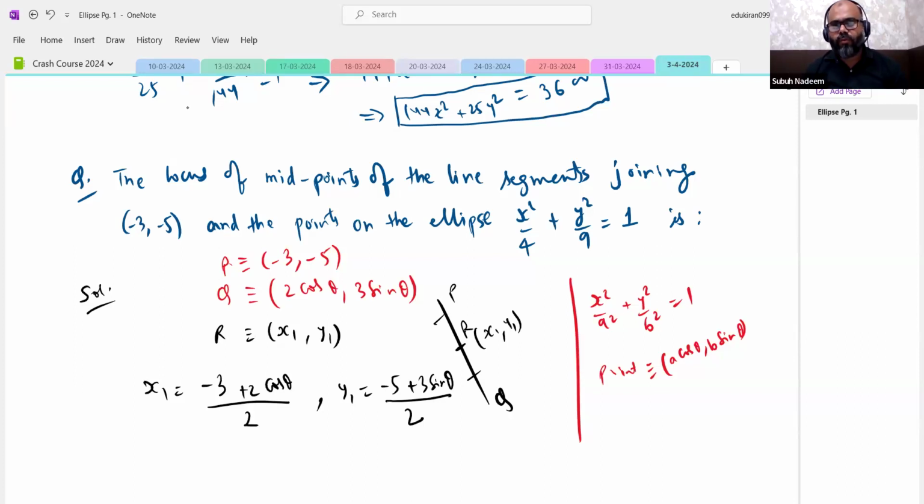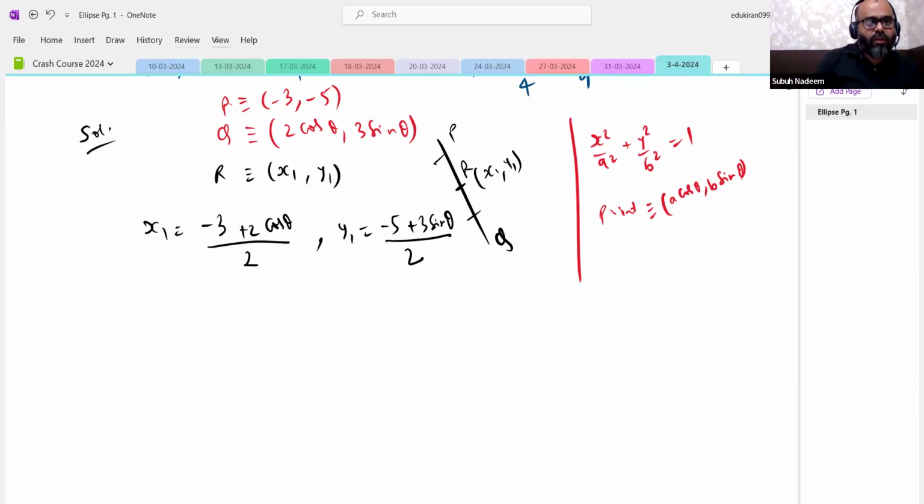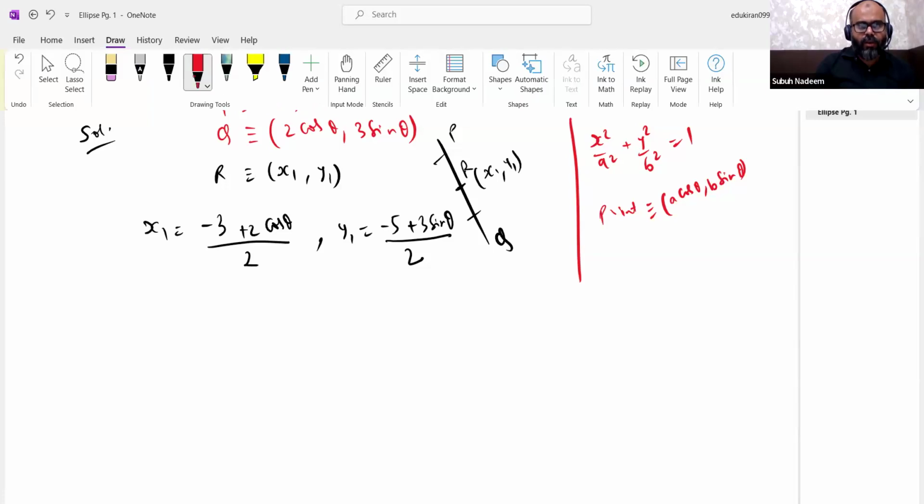Now what you have to do, you have to find the locus of R, x1, y1. So you need to find the relation between x1 and y1. So you should eliminate theta basically, because theta is the parameter, it is the variable. You can do one thing which we generally do in case of cos theta and sin theta.